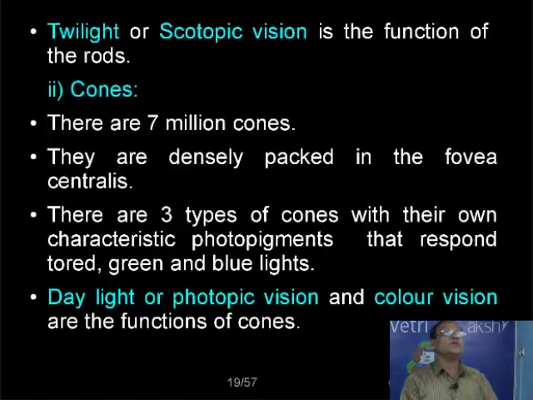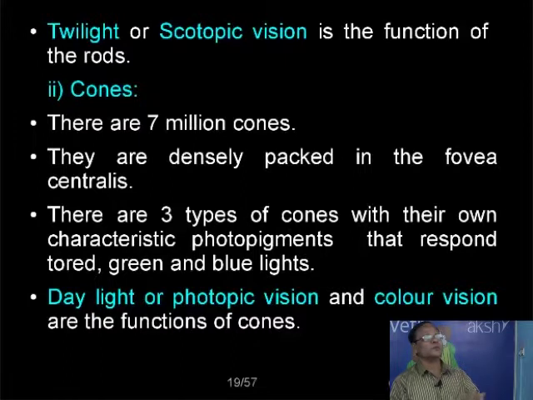There are 3 different types of cones normally, each with its own characteristic photopigments for the perception of 3 different colors: red, green, and blue.